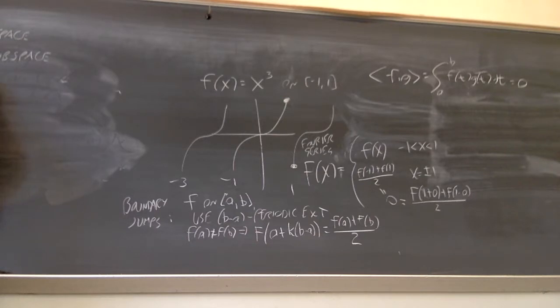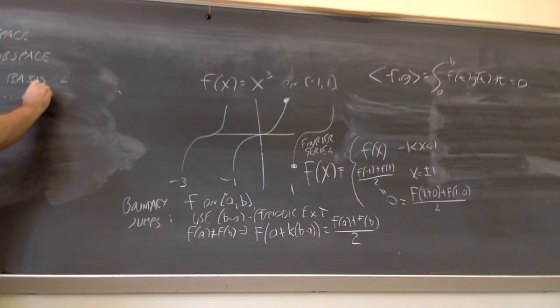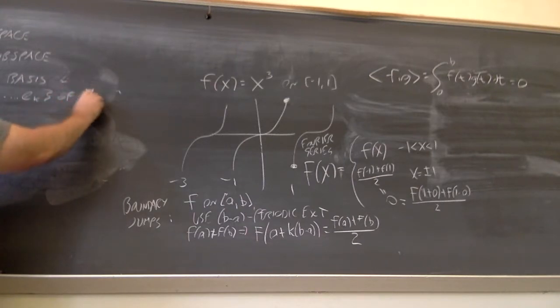Actually, I'm going to weaken that a little bit. Orthogonal basis E1, E2, through EK of V naught.